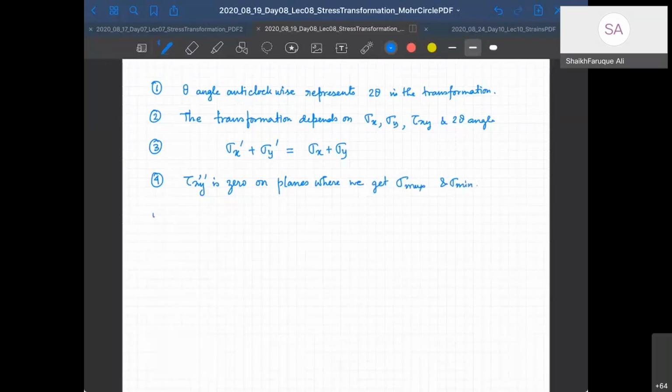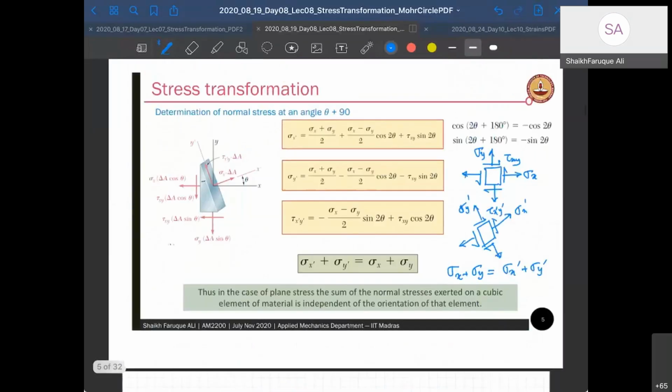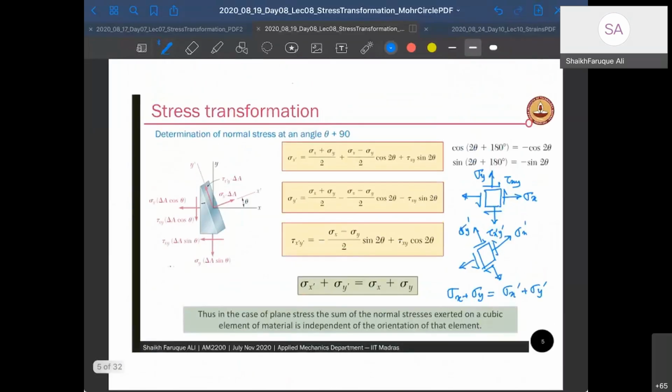Fifth, we got that sigma max and sigma min are on planes 90 degrees apart. Right. A few more things I think we have written in the last class. These are the things that we got.